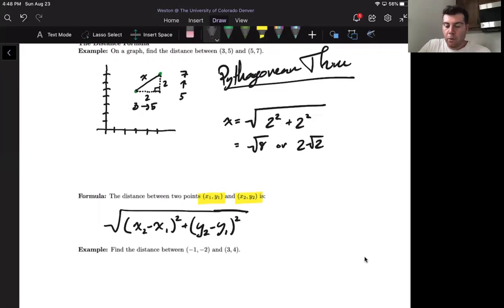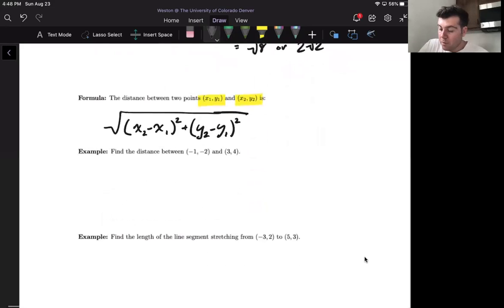And this would be a good point in the video to pause and think about why or how this formula is the same formula that we used right above. And with this formula, it's then very quick to find the distance between any two points.